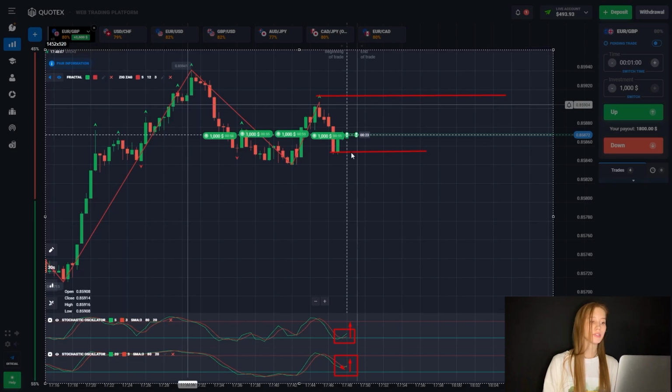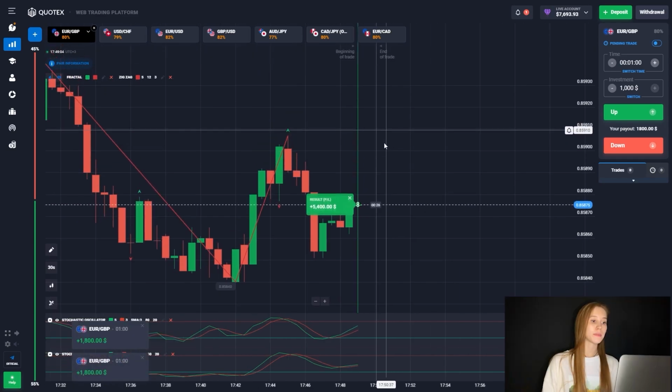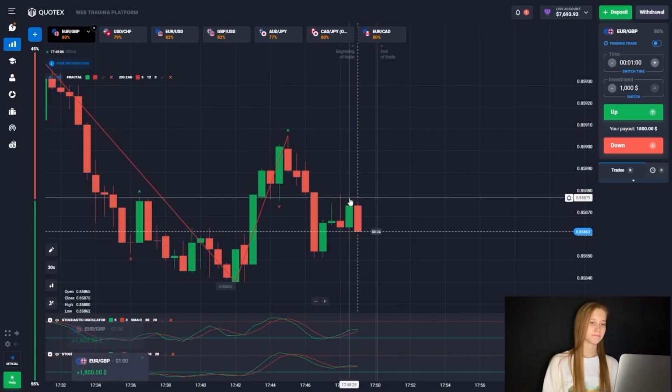Mark the minimum points also. And let's note that there was a downward movement earlier. And based on this, I think that the movement should go up. Let's see. So one more positive trade.